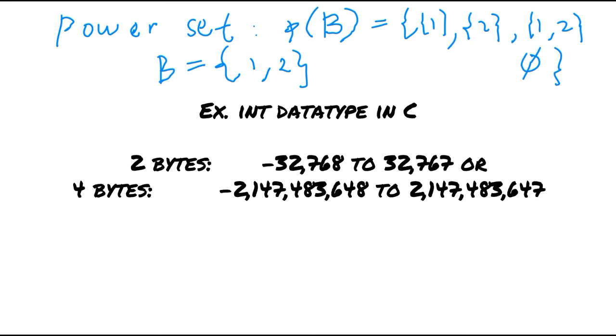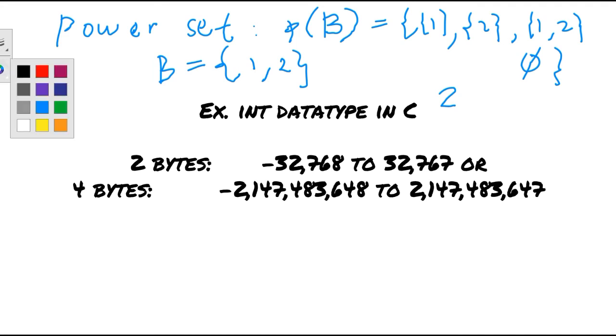So when we formalize this, this can be expressed by 2 raised to the power of the cardinality of the set.